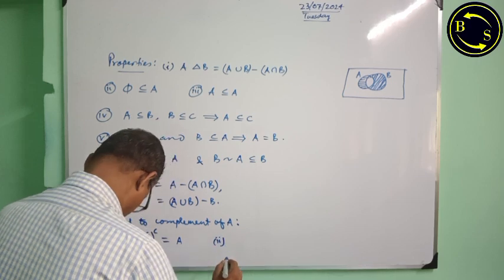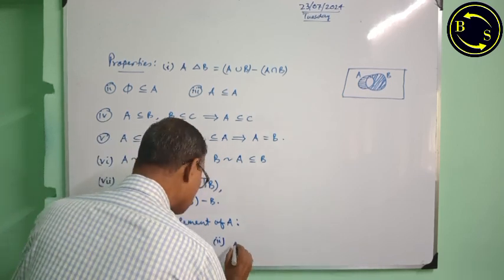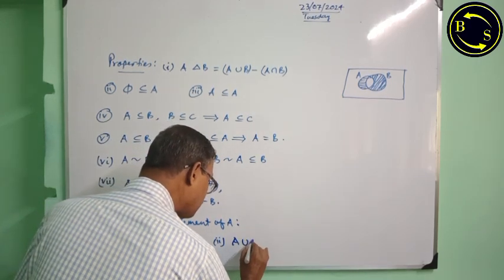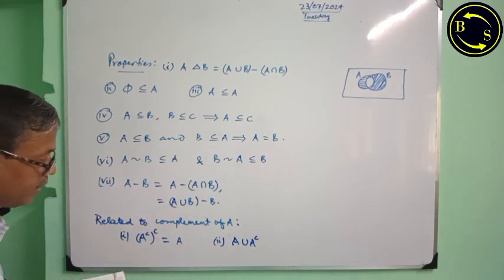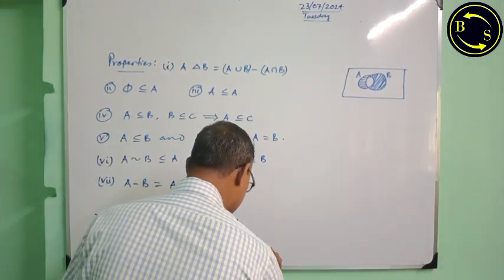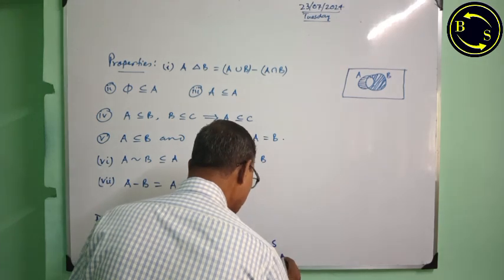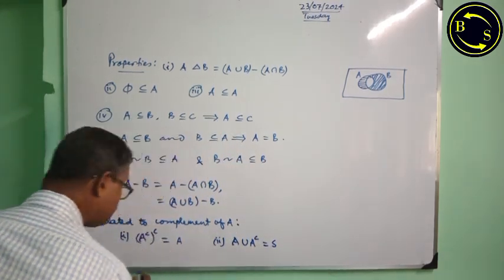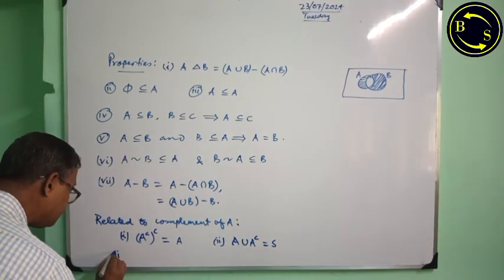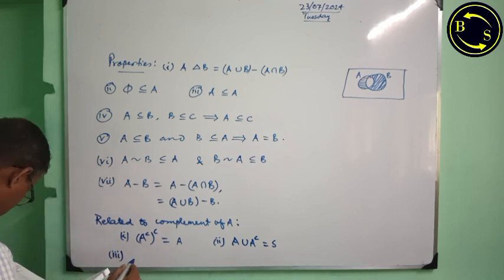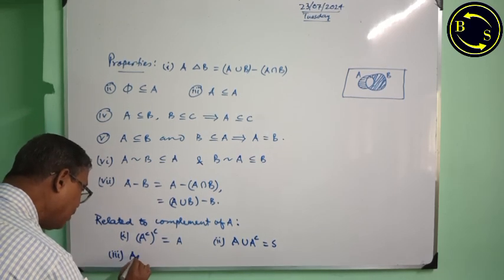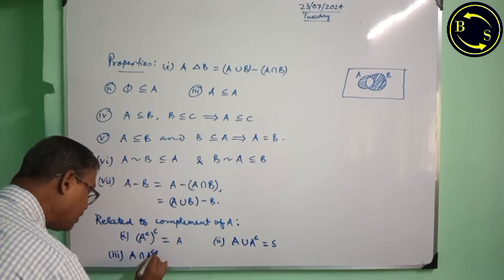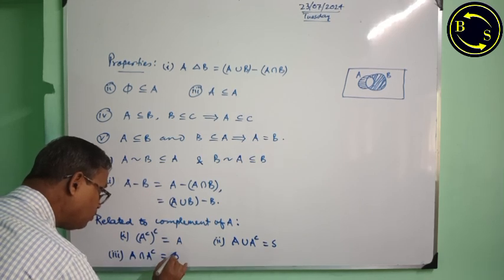Number two, union of set A and its complement is the universal set. Number three, A intersection A complement will be equal to null set.